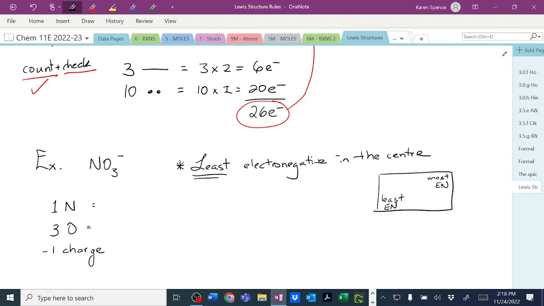Do you guys have your skeleton structure? So the three most electronegative elements, just for reference, are nitrogen, oxygen, and fluorine.